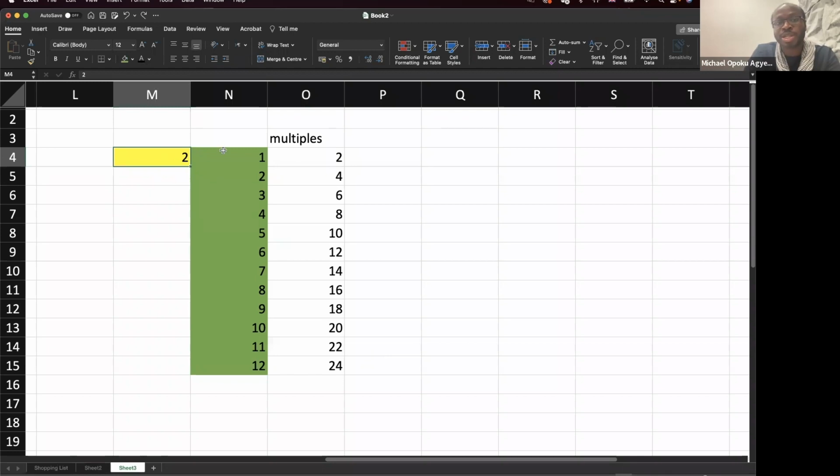It's not about the value, it's about the cell content. If I change this to 5, for example, it's not about the actual number there, it's about the value in the cell. So the cell name is what we are making constant, and 4 times 12 is 48.